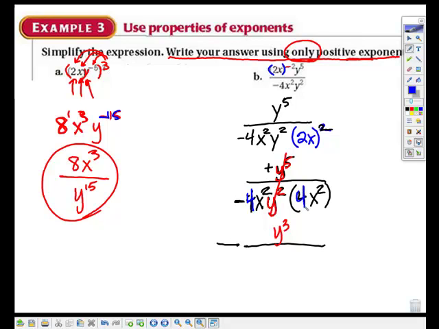That stuff on the bottom's all multiplied together. 4 times 4 is 16. And the last thing I have to look at is I have a base of x here to the second power, and I have a base of x here to the second power. Multiplying those together on the bottom, that's going to become x to the fourth power. And putting all that together, that's what you should have for your final answer there.